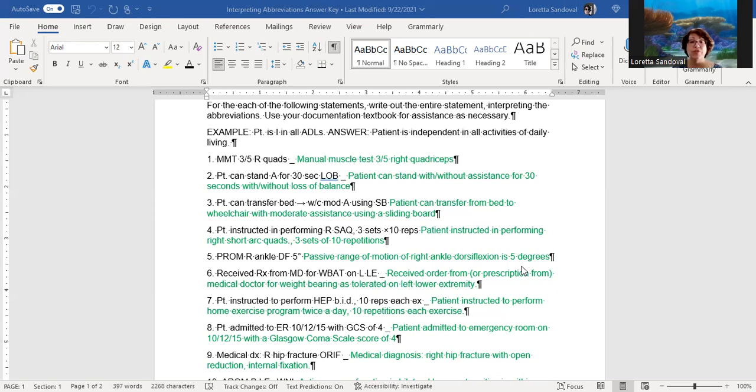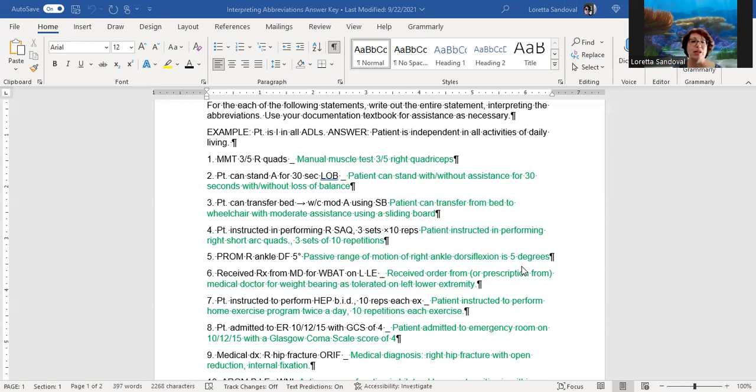And 10/12/15, that's an acceptable abbreviation. You don't have to spell out October 12th, 1915. Oh no, wait, 2015. So it is useful to write out the whole year, just so we know they weren't admitted in 1915. That'd be pretty unlikely to see on a chart, but it could be misconstrued.